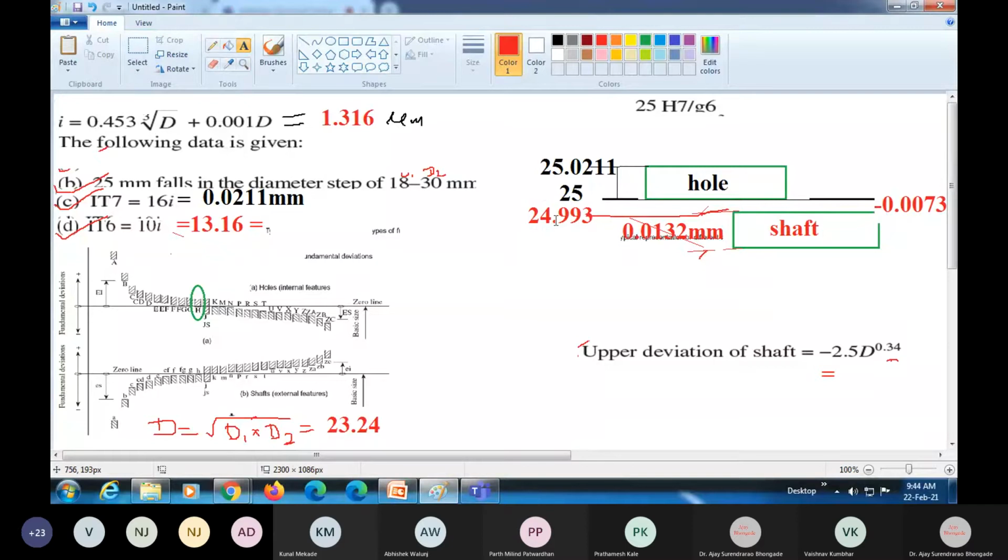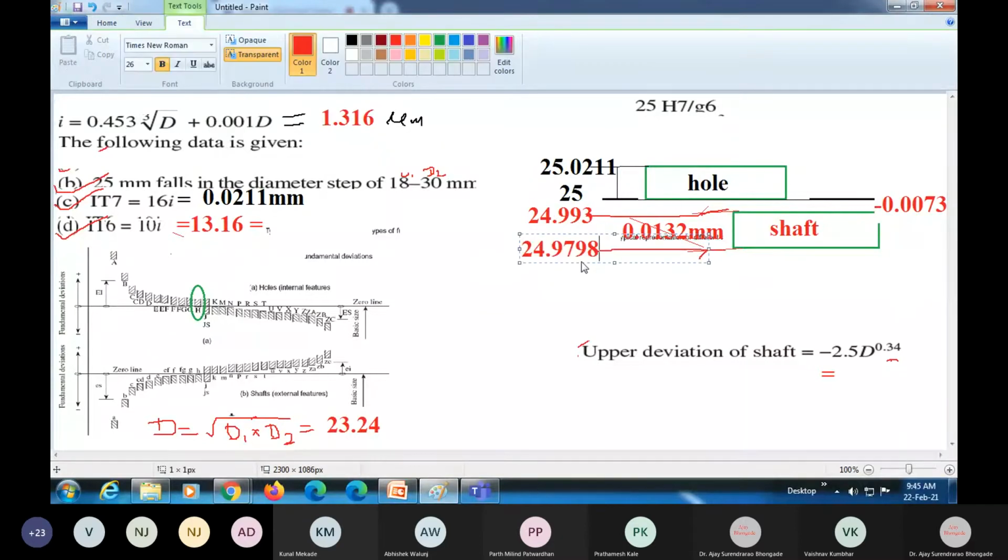So 24.9798 is the lower limit of the shaft, right? So we got the upper limit and the lower limit of the hole and the shaft, right? So we have got everything right now.